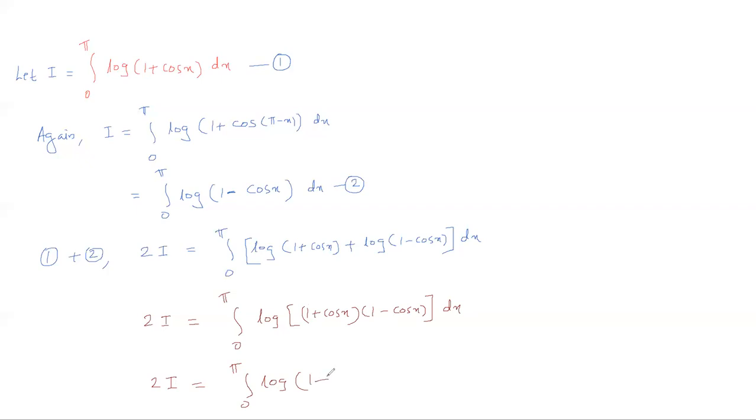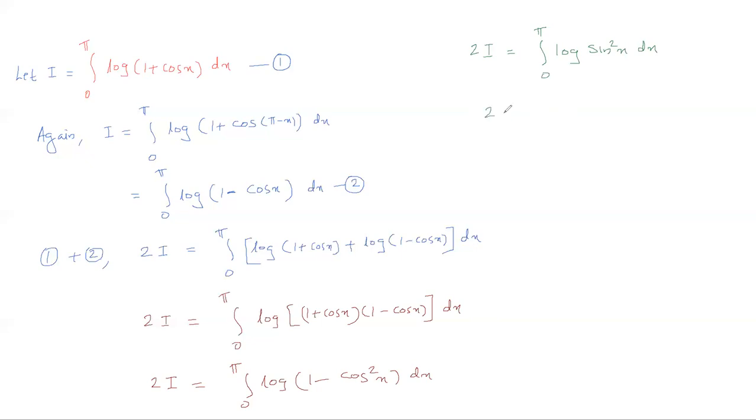So 1 minus cos square x dx. That is 2I equals integral 0 to pi log sine square x dx.